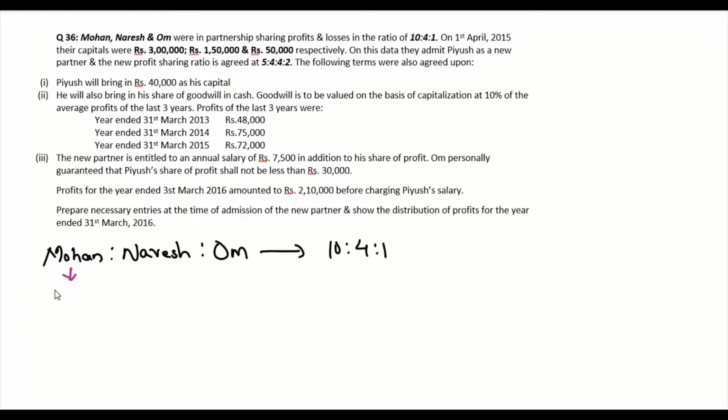Mohan has 3 lakhs capital, Naresh has 1.5 lakhs capital, and Om has 50,000 capital. Now they admitted a new partner and his name is Piyush. After admitting Piyush, the new profit sharing ratio became 5:4:4:2.